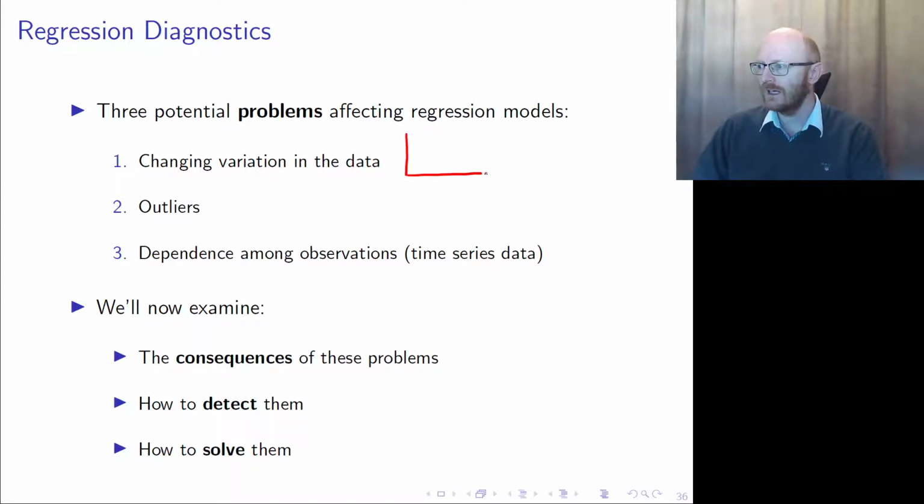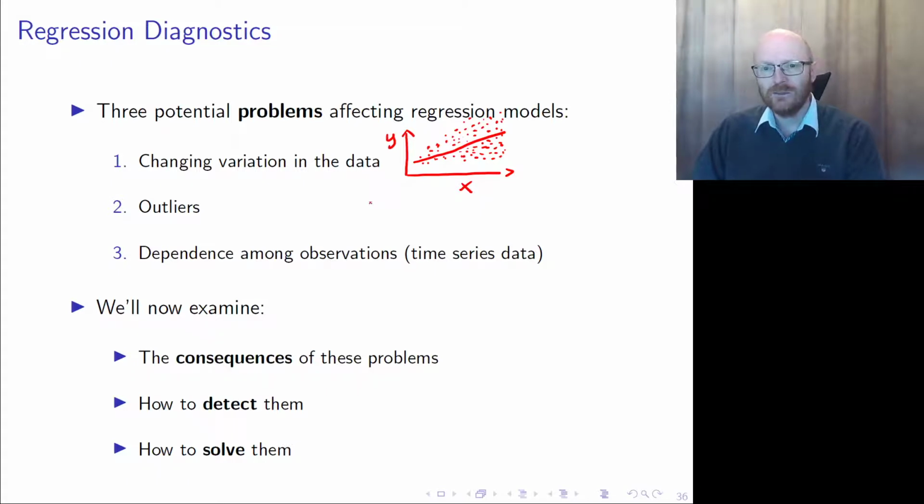If you have x here and y here, and you have this regression line, and you think that this regression line fits my data, but your data is actually something like this, the variation in the data increases with increasing x.